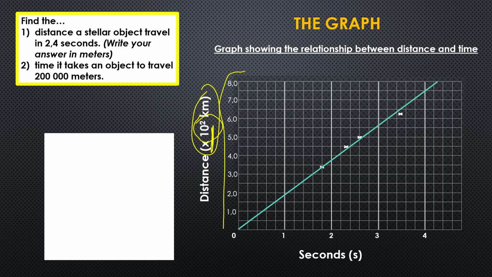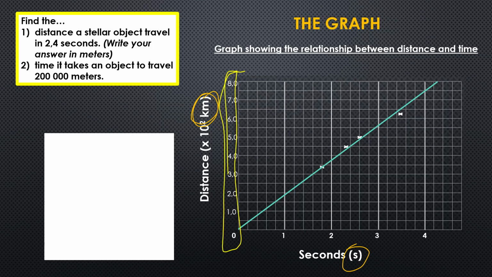It means that all of these values on the y-axis need to be multiplied by 10 to the power 2. Also, take note of the SI units. Remember, that's always important. So you have kilometers on your y-axis and seconds on your x-axis.